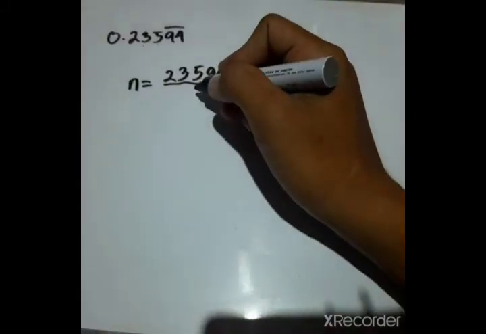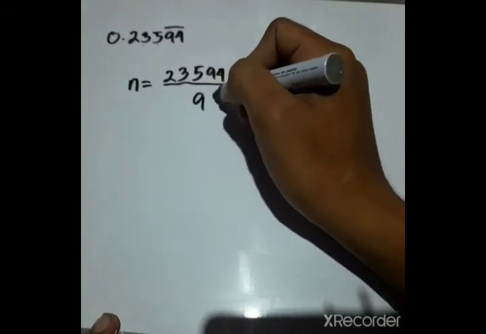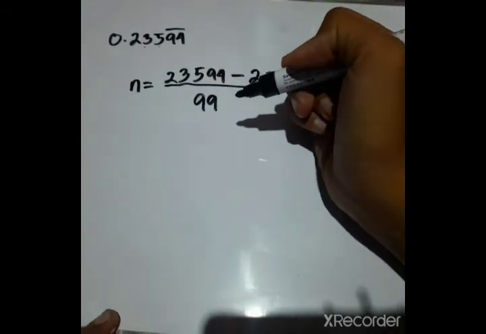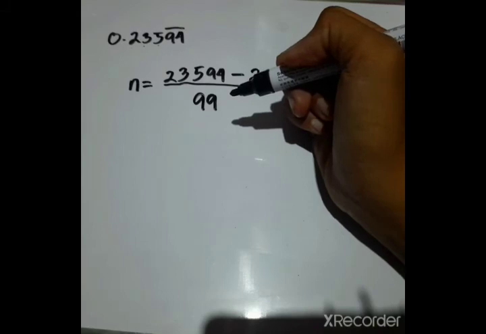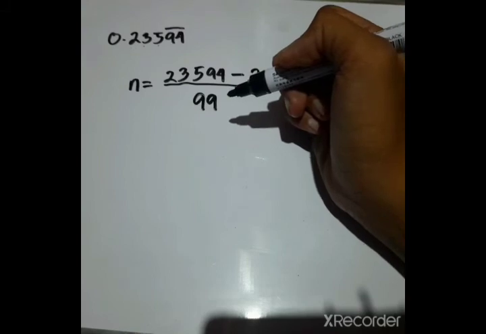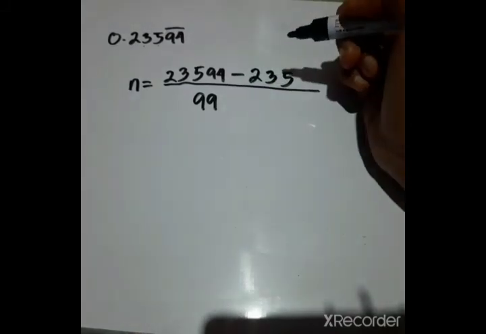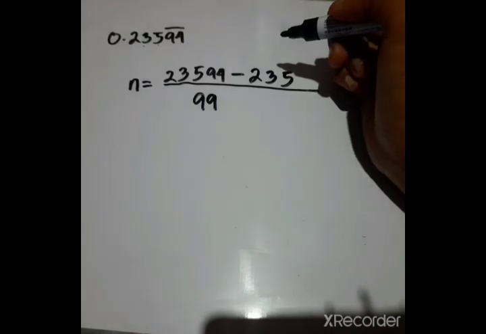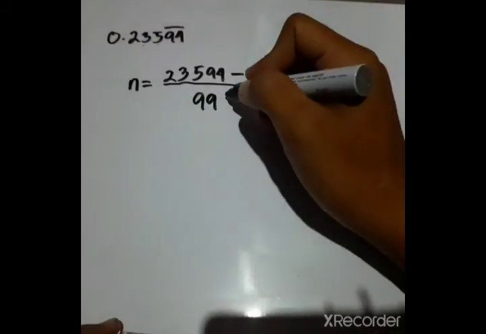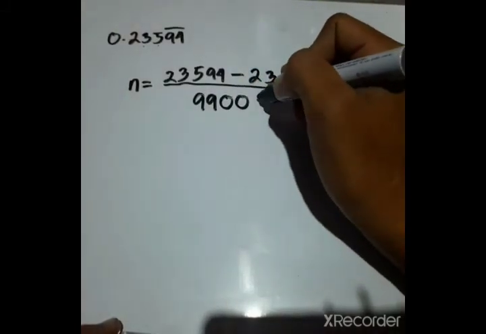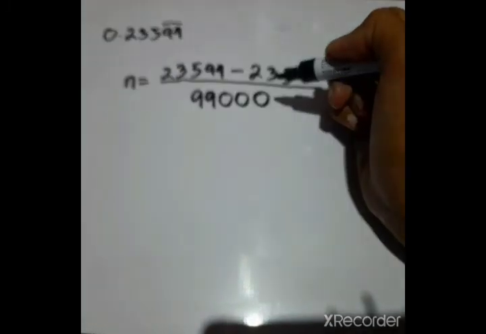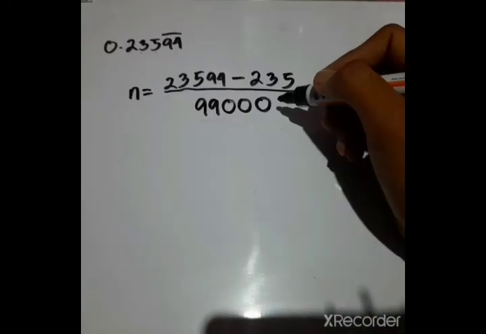Which means we will write 2 nines. And then for the zeros, how many zeros are we going to write? Yes, we will write 3 zeros. Why? Because there are 3 non-repeating decimals. So 1, 2, 3.